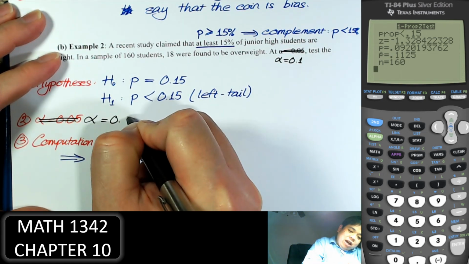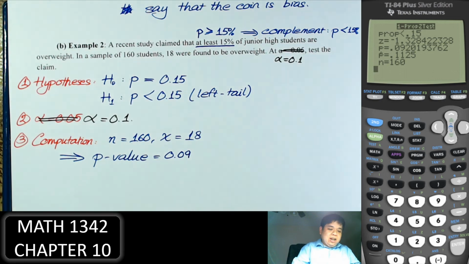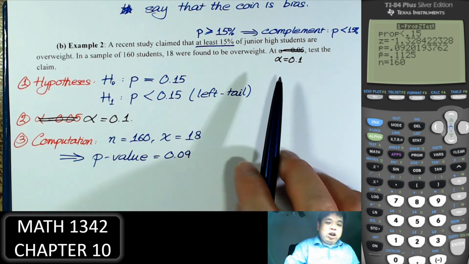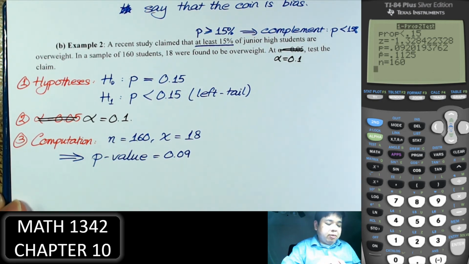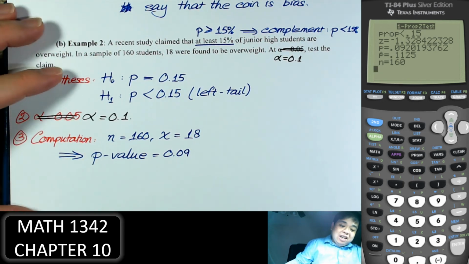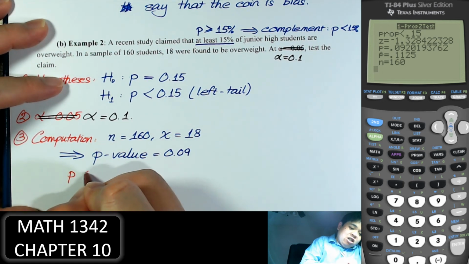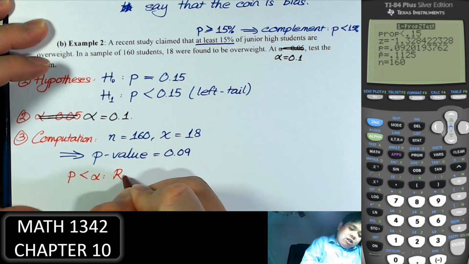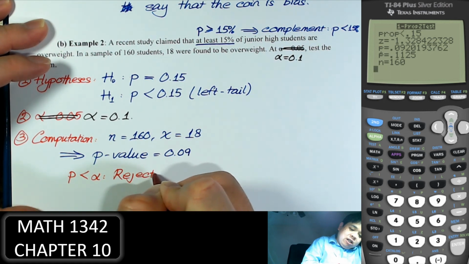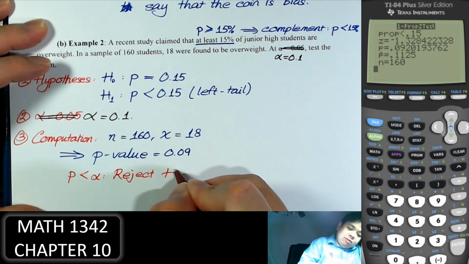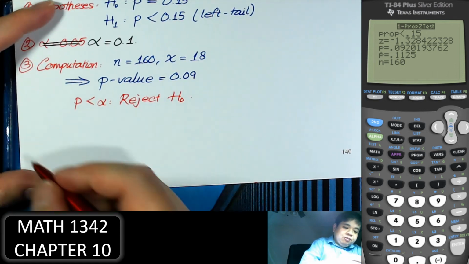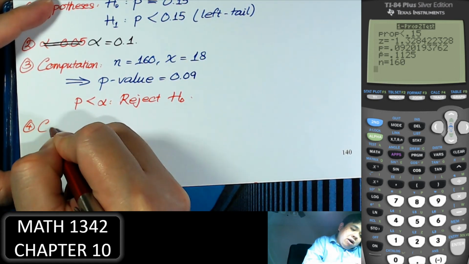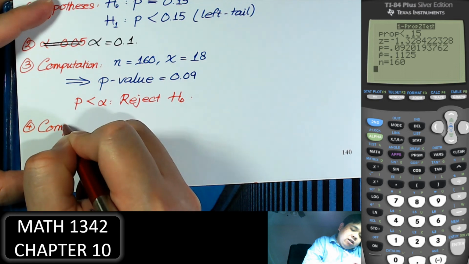So in that case, we actually have something that we reject. Now, the p-value is less than alpha, so we reject the null hypothesis. So we will write just the conclusion based on when we reject it.